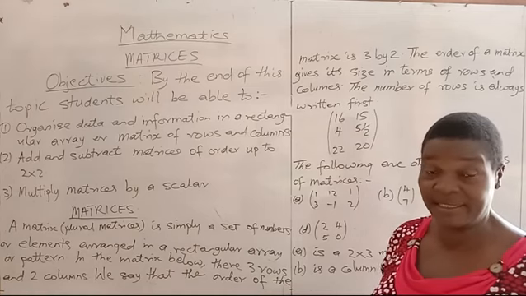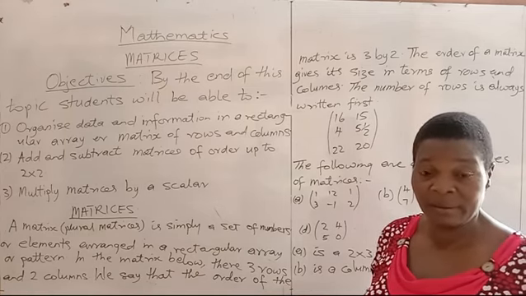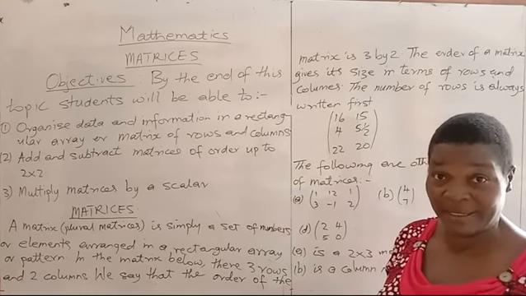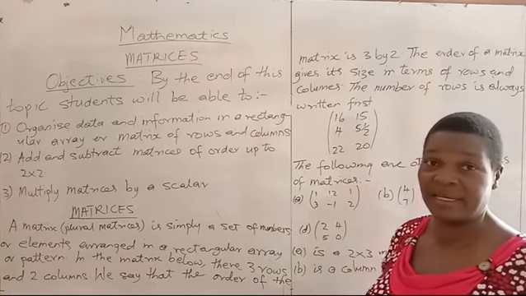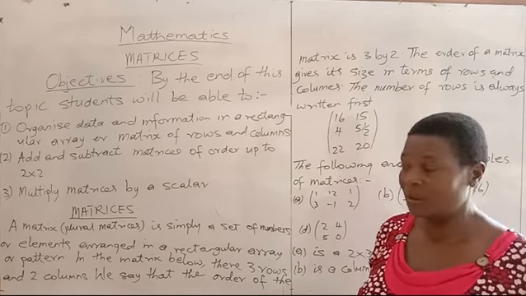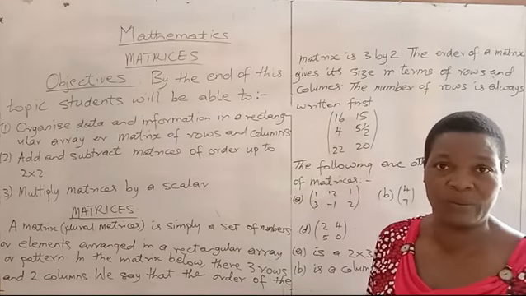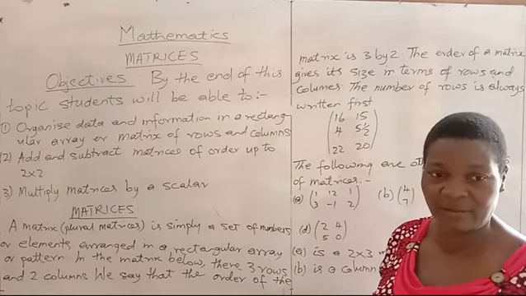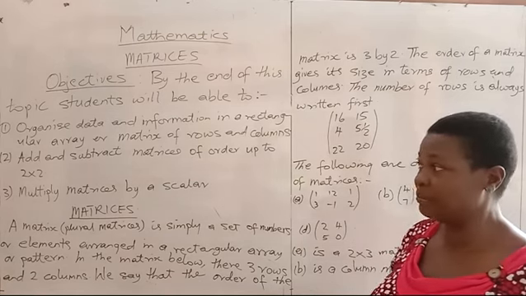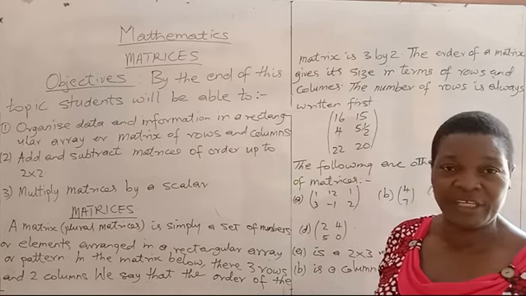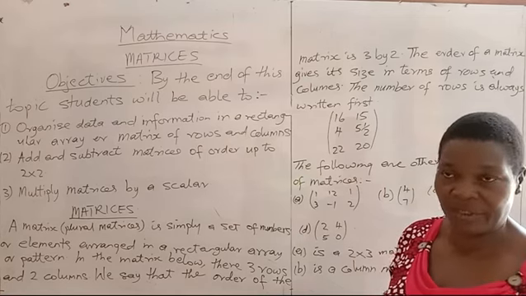Maybe from statistics, you are given information in a raw manner, and you need to organize it. When you put them in the pattern of a rectangle, which we address as rectangular form, you are simply arranging it in what we call a matrix.